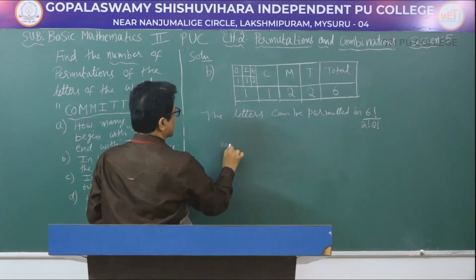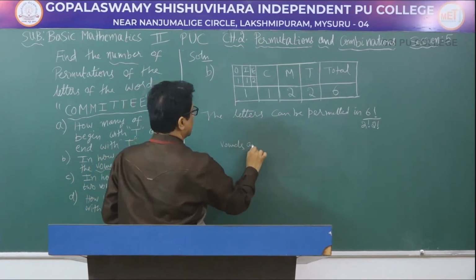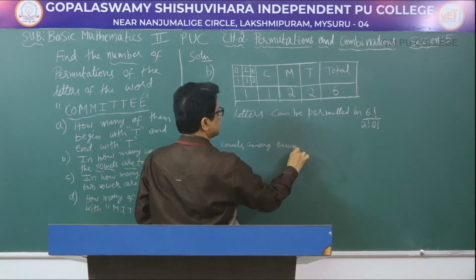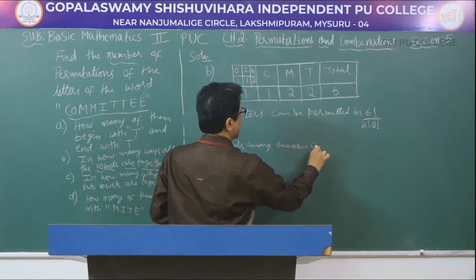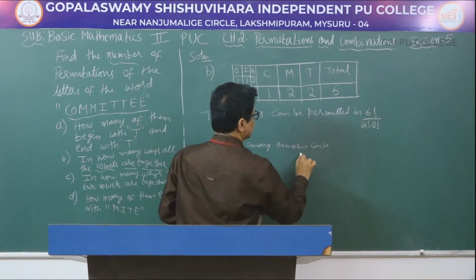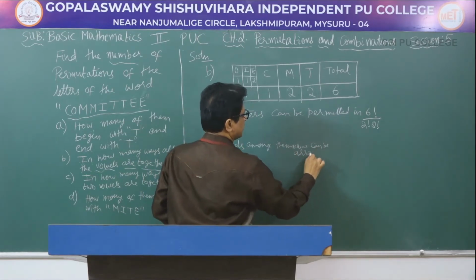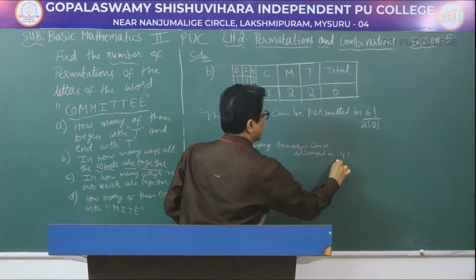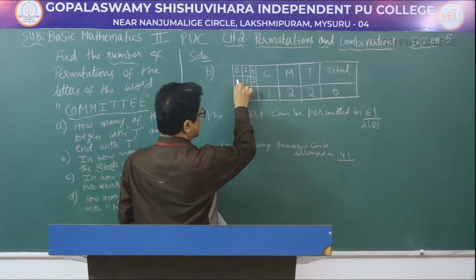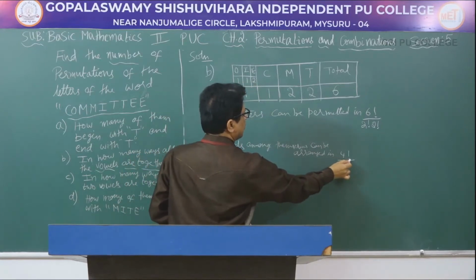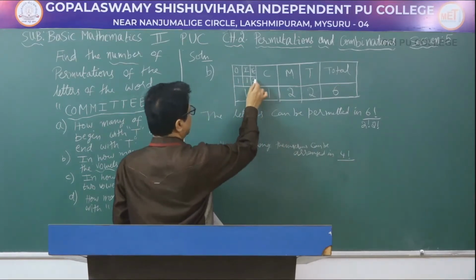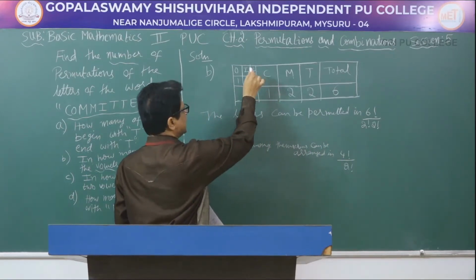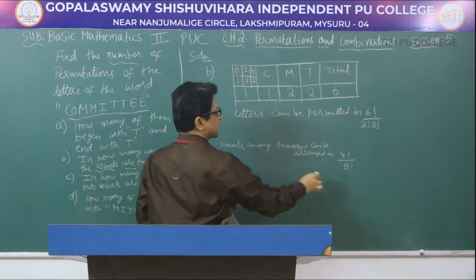So, the vowels among themselves can be arranged in 4 factorial, that is, the total number of vowels is 4. So, 4 factorial divided by 2 factorial, because there are 2 E's present in the vowels.